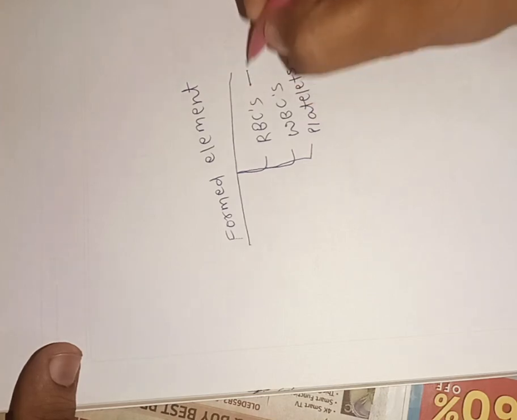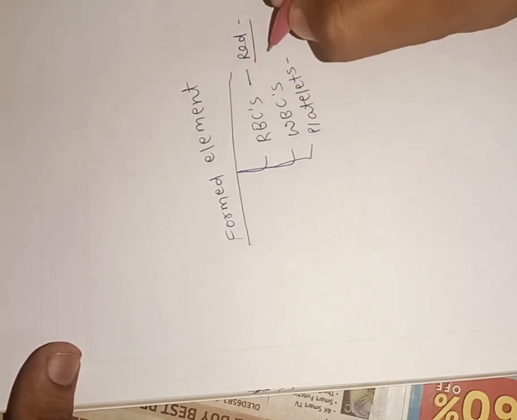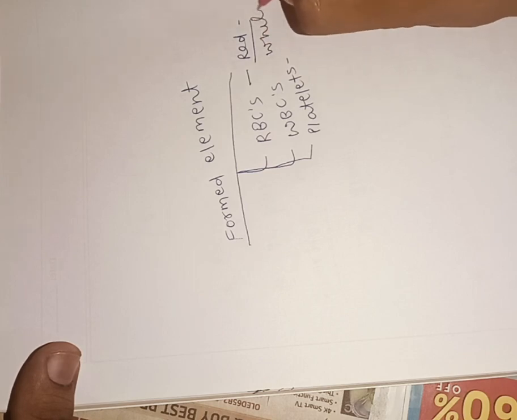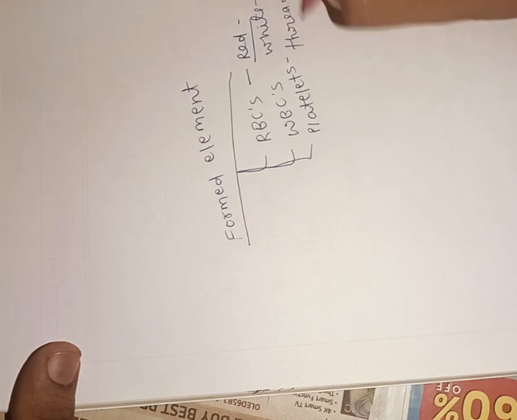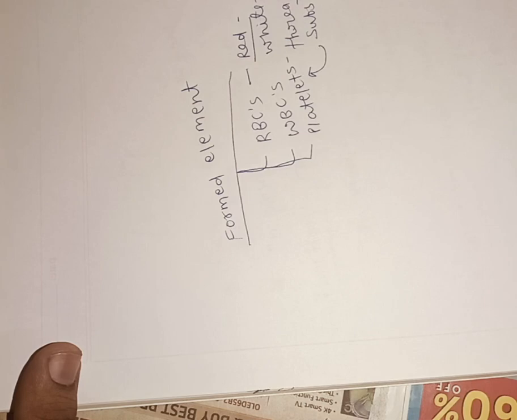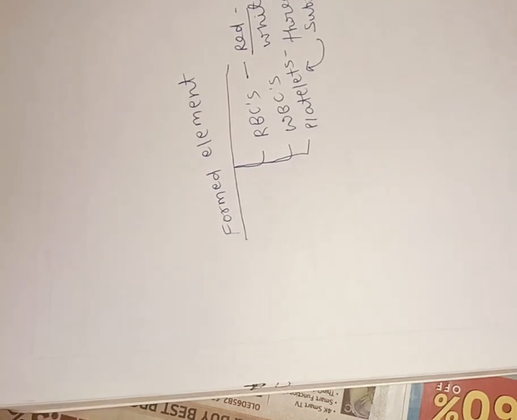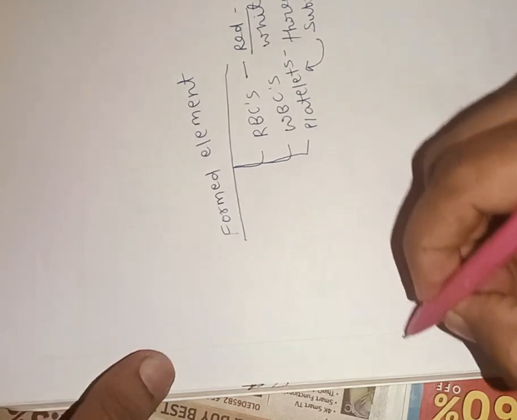We can conclude that red color is RBC, white color is WBC, and thread-like substances are platelets. So in this lecture we are going to talk about RBC.